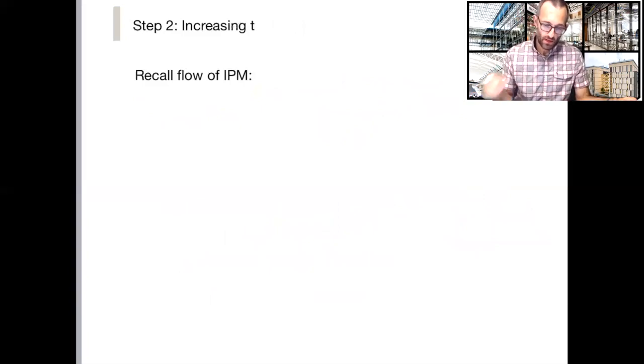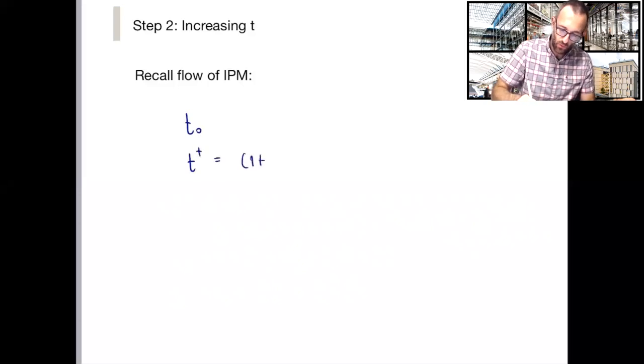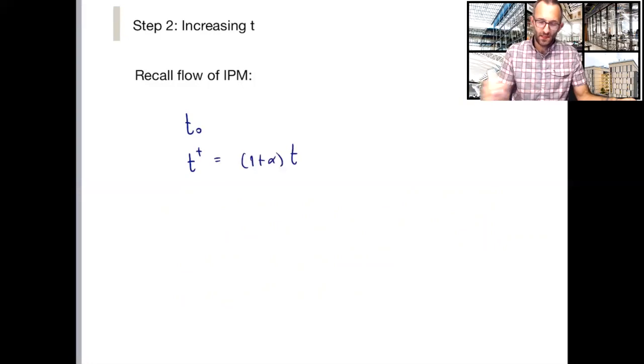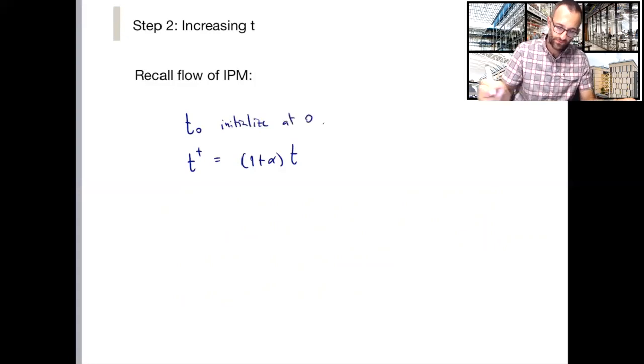So what we're going to do, again, just to highlight the main points from the previous slide, is that we have some t0 that I'm going to pick, and then each time I'm going to update according to 1 plus alpha times the previous t. So typically we'll initialize this at 0, or close to 0.